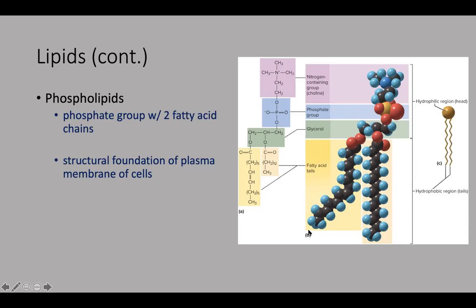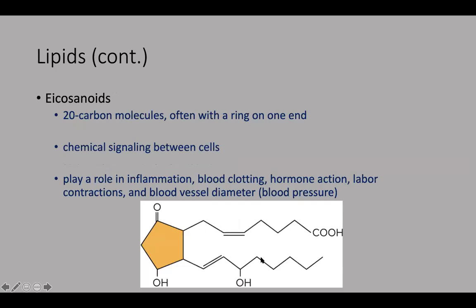eicosanoids. These you may not have heard of. Eicosanoids are basically important signaling molecules. You can identify them because they are usually just one ring. So you'll see a ring of carbons and then a couple of hydrocarbon tails coming off. They have a total of 20 carbons.